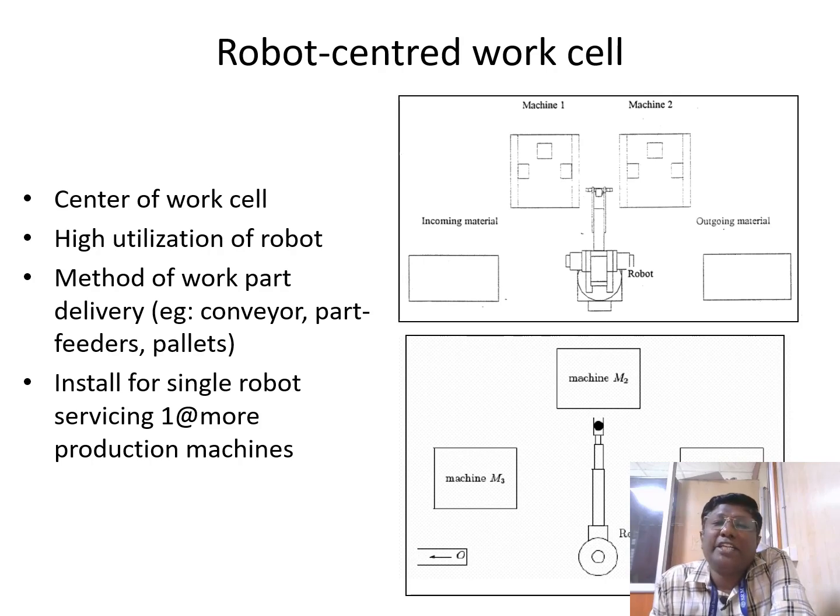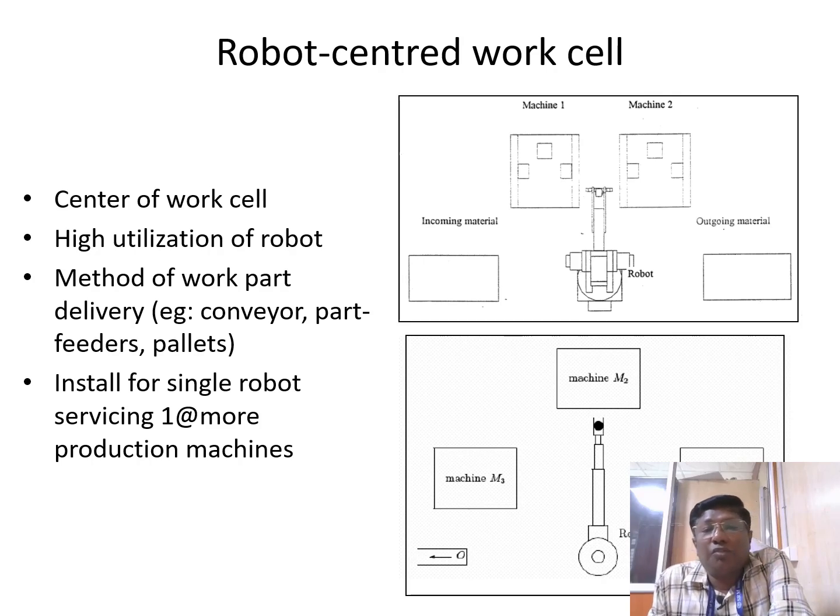After processing, it comes out at this end. The robot can pick it up and place it at the required location in machine 2. After processing, it comes out here. The robot can pick it up from this point, then take it to the outgoing side, which could be a conveyor.